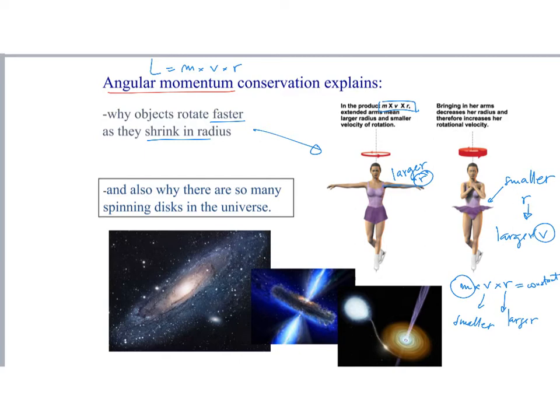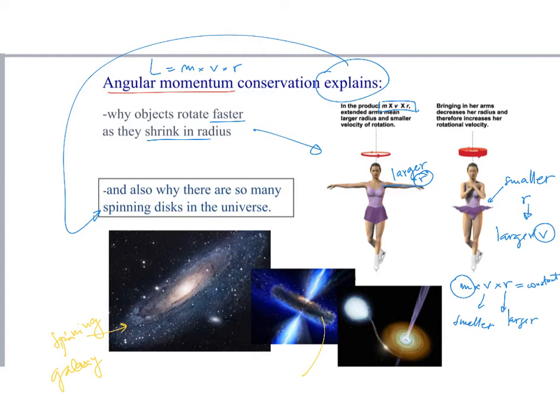Now, this angular momentum conservation also explains why there are so many spinning disks in the universe. A spinning galaxy, spinning torus, or the kind of dusty torus, it does look like a donut, right? Like a toroid, a dusty torus around an accreting black hole.